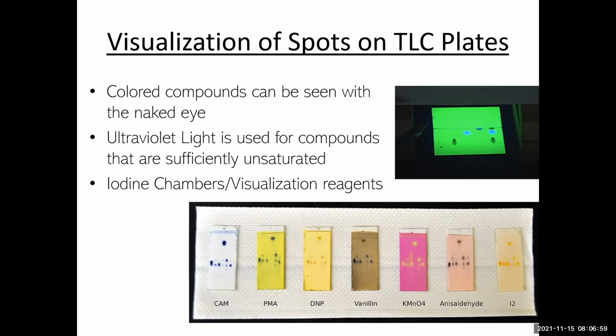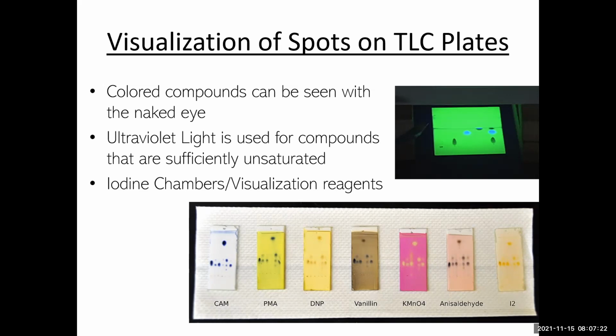The iodine sublimes and fills the chamber with iodine gas, and that'll adhere to the spots on the plate. So sometimes that'll visualize it. Alternately, some people mix iodine with silica gel to make a different type of iodine chamber. So both of those work.